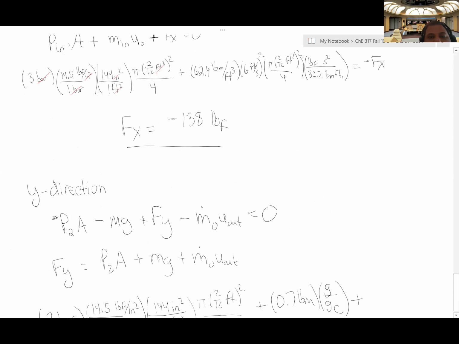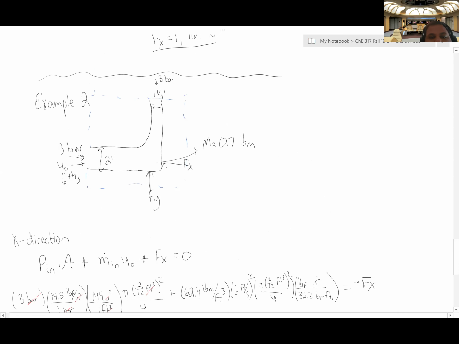I do not have the velocity of the fluid leaving the system. I know it's 6 feet per second coming in, but it's not 6 feet per second leaving because the diameter is smaller.